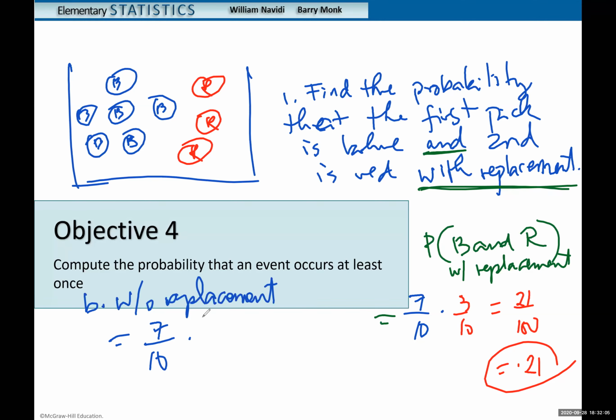There are 3 red marbles, and the remaining marbles, you only have a total of 9. So 7 times 3 is 21 over 90, and that is equal to 0.2333. Okay, so that's a good example. Think about that when you see with replacement and without replacement. Questions?